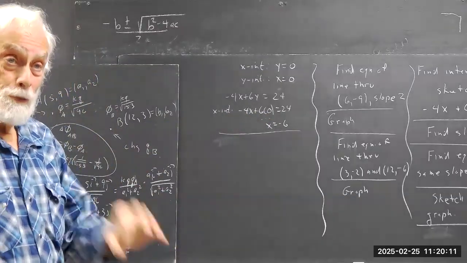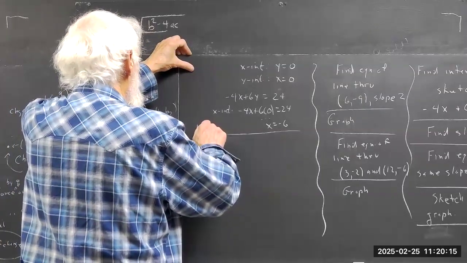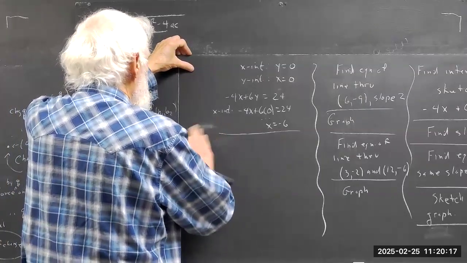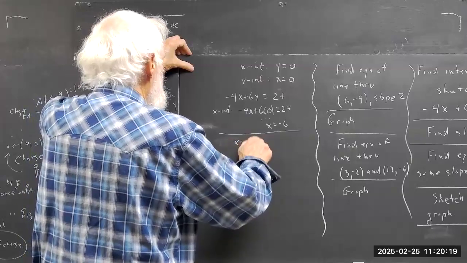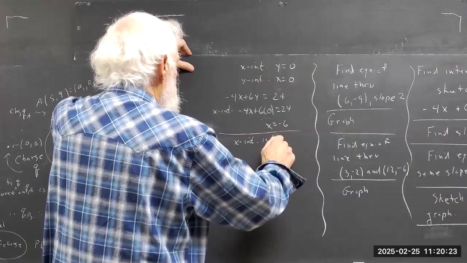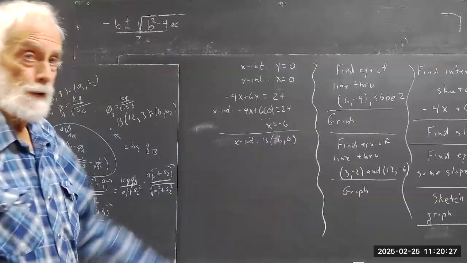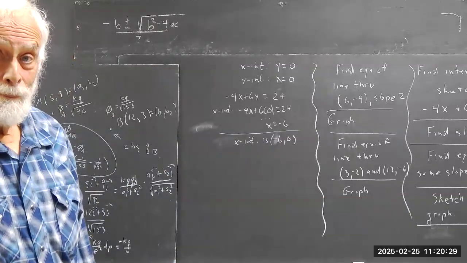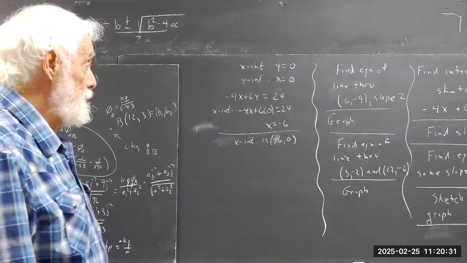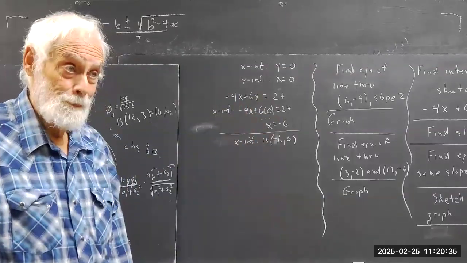That gives us a point on the graph. The x-intercept is negative 6, 0. How do we know that? Because we let y equals 0 to find out what x is when y equals 0.